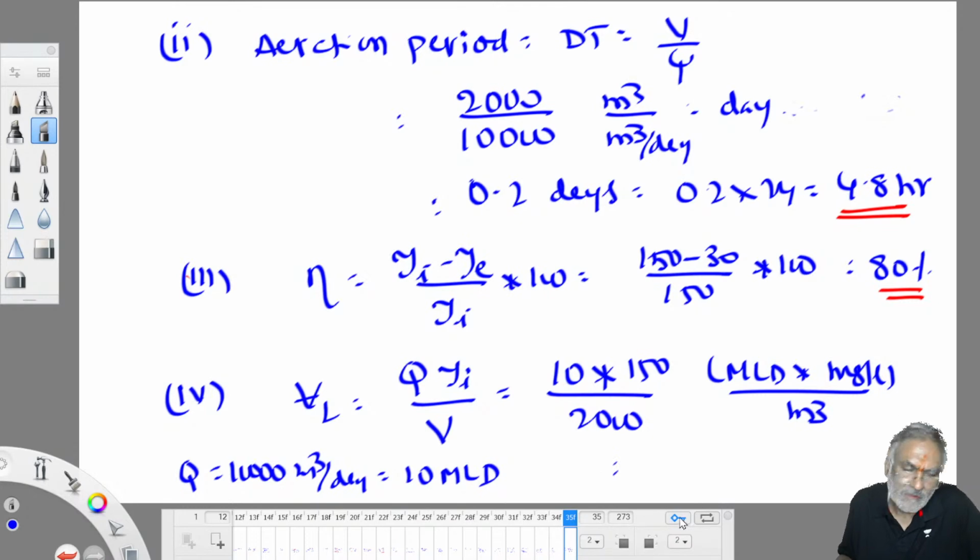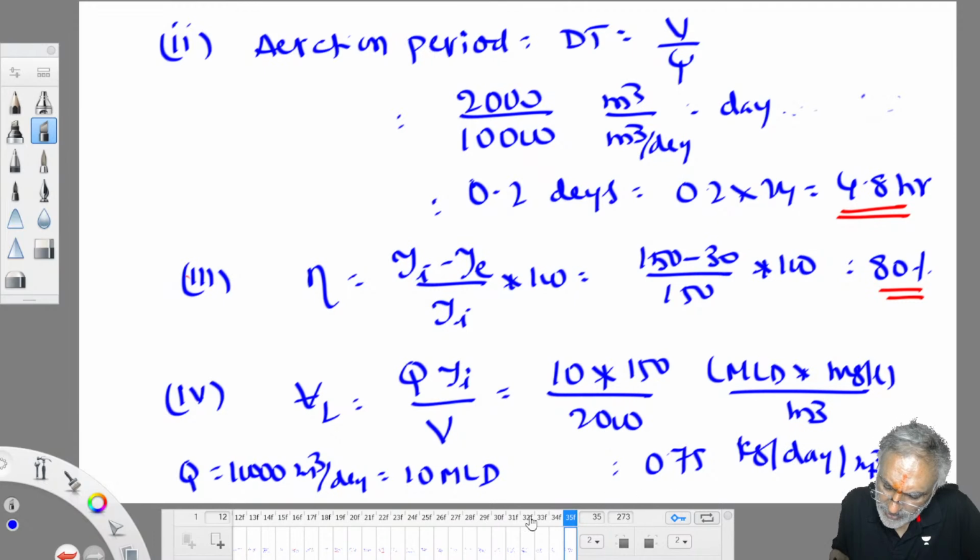So volumetric loading rate 10 into 150 by 2000. So it is 0.75 kilogram per day per meter cube or kilogram per meter cube per day. That's how we can express.